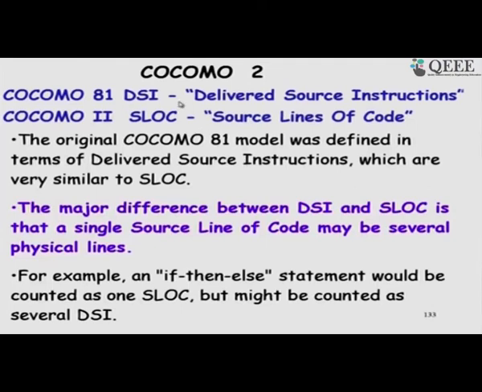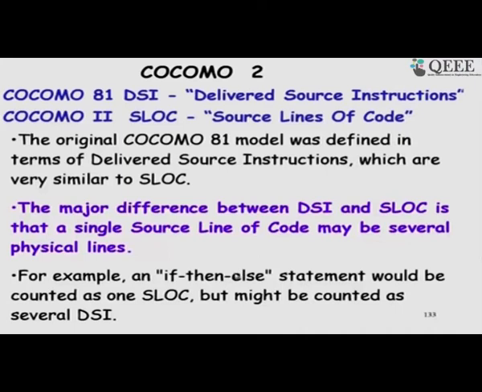So, in the post architecture model, we consider the source lines of code. Earlier in COCOMO 81, it was DSI or the delivered source lines of instruction. So, we just counted the number of lines, but here the programming languages have changed and a single source line can span many physical lines.